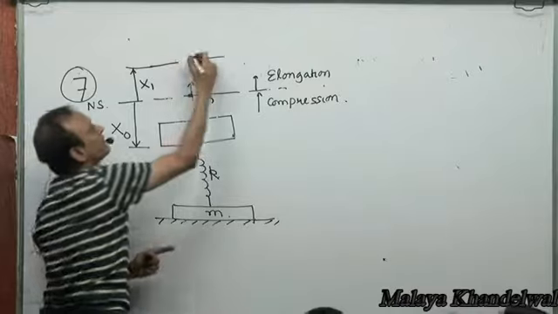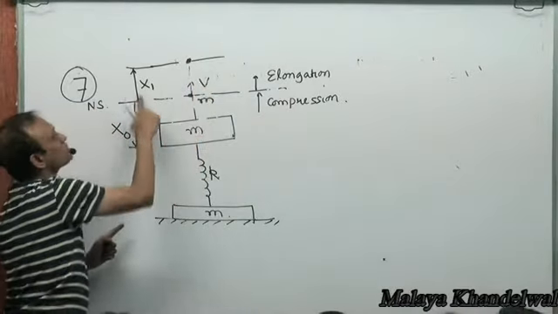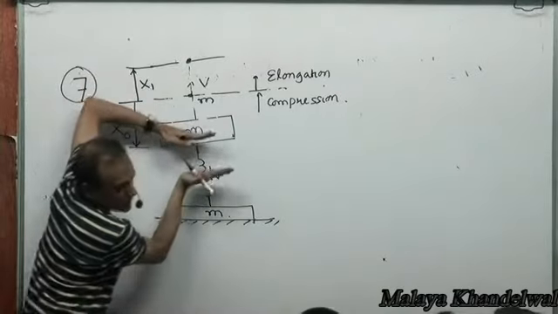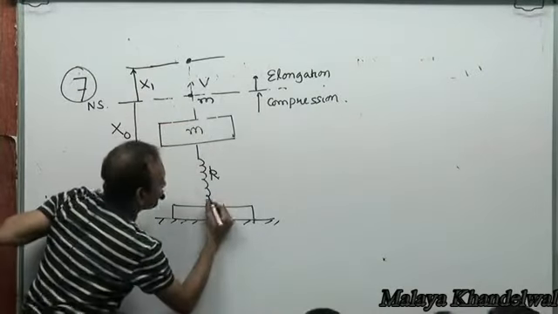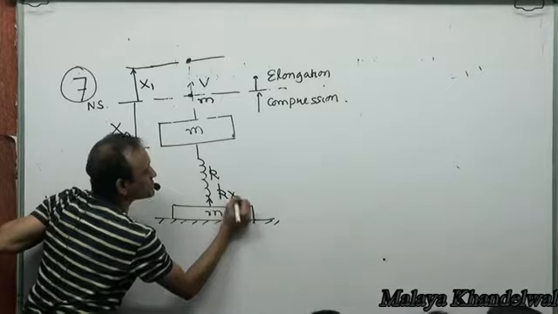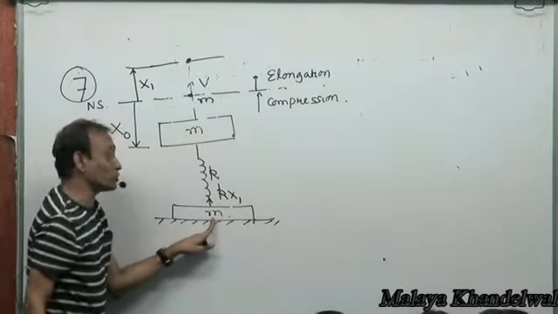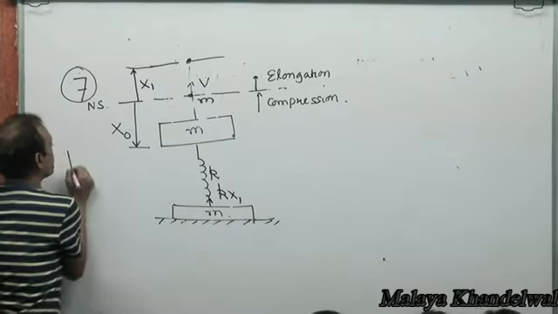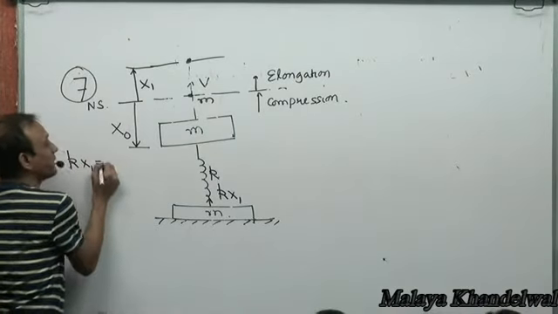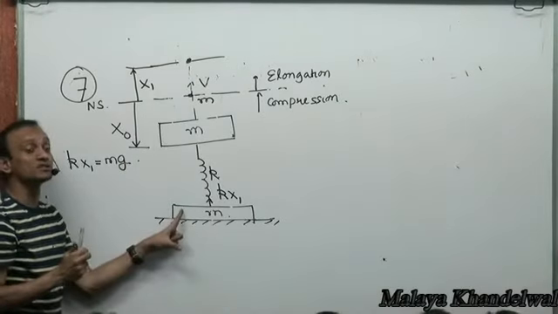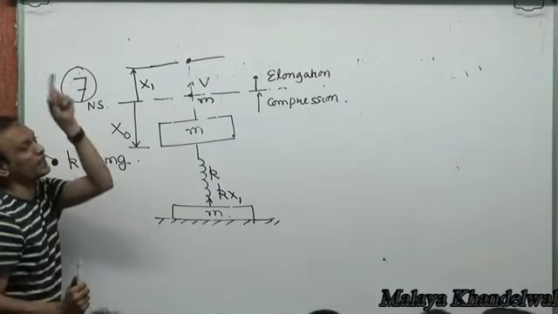When the mass comes to this point, the spring gets elongated by an amount x1. Now the spring would want to get back to its natural state, so the spring force would be kx1 upwards. And the kx1 that would cause m to lose contact with the ground is given by kx1 equal to mg. That x1 will cause small m to lose contact with the ground.